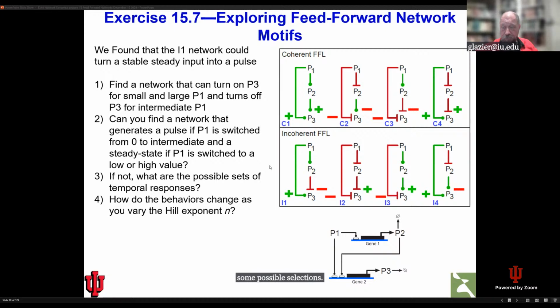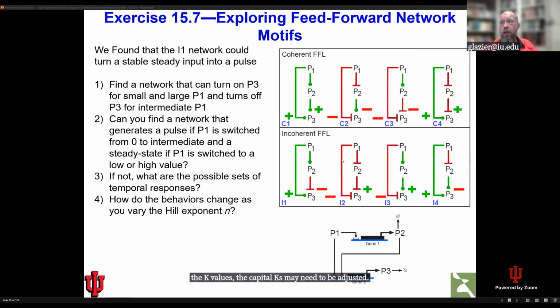Now, finding these isn't always trivial because you have a couple of things to worry about. You have those KD2, KD3 rates, and also the capital K values may need to be adjusted.